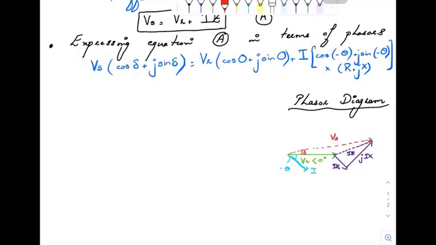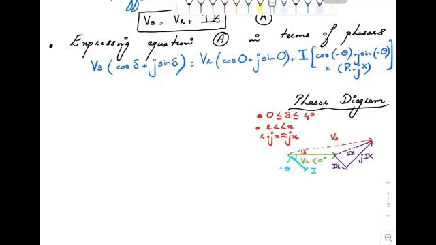So in a typical distribution system, the angle delta is very small, and the line resistance is very small as compared to line reactance. So if we want to see what is the voltage drop, then the voltage drop will be the difference between the sending end voltage and the receiving end voltage.